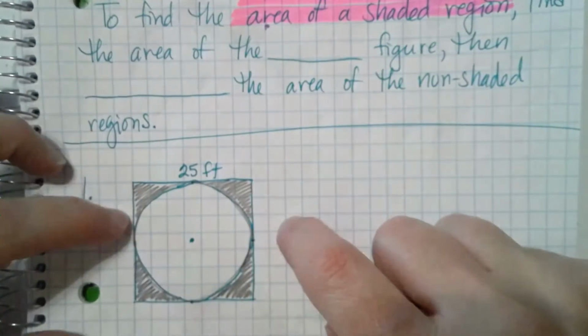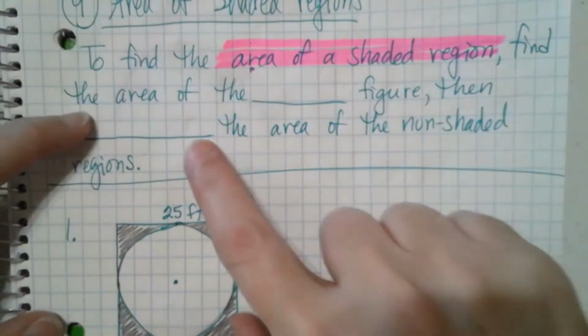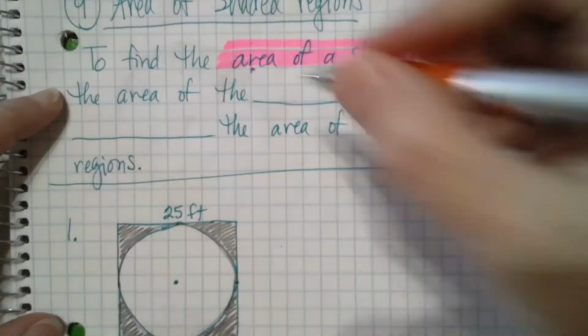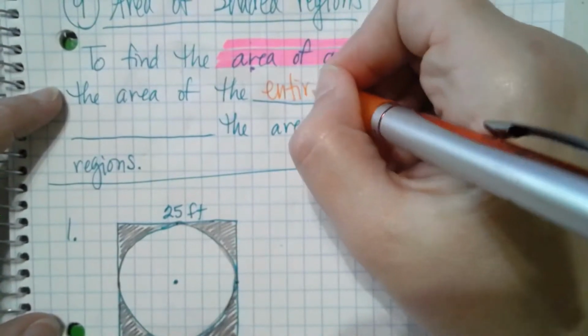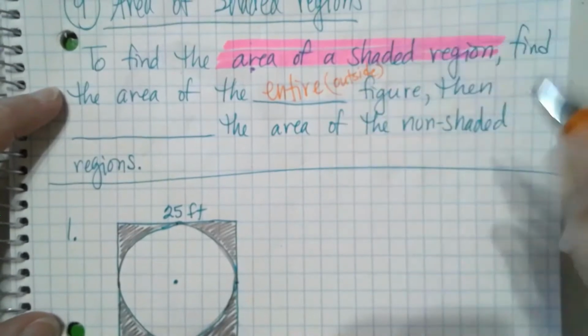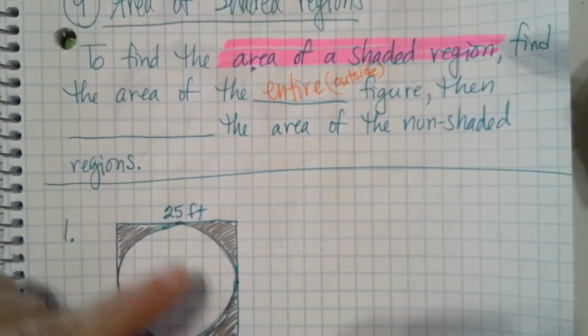Okay, so to do this when the shapes are inside one another, what we're going to do is find the area of the entire figure. So whatever is on the outside is what we're going to look at first, and then we are going to remove this unshaded part.